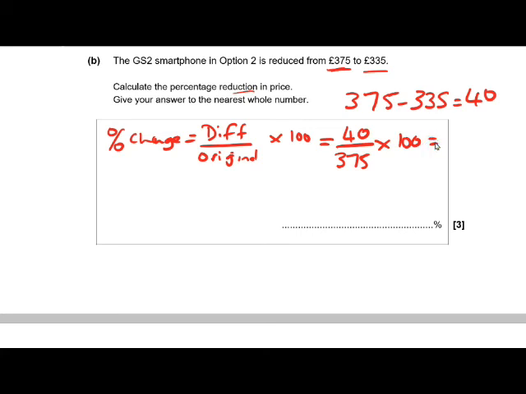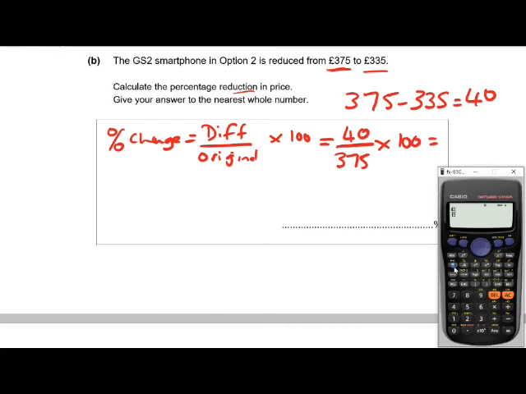Let's do that on a calculator, exactly as it looks. So we've got a fraction, which is 40 as the numerator and 375 as the denominator. Move the rocker to the right and then multiply it by 100.